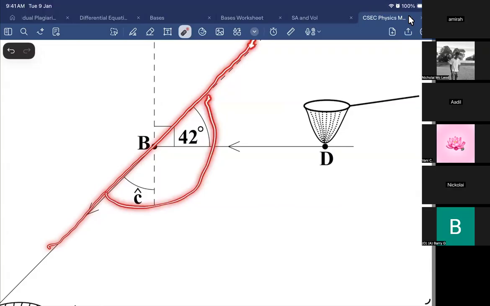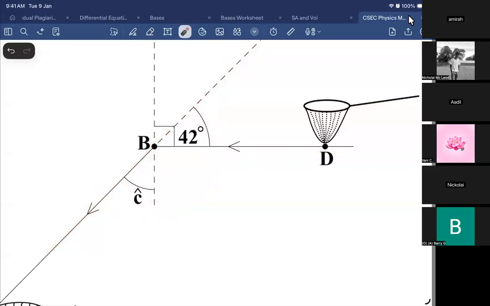Amira, okay, so you understand that one now? Talk to me. Yes, sir. Okay. So this is 180 degrees, right? So my question is, if this is 180 degrees, we're going to use that to figure out this one. Trust.